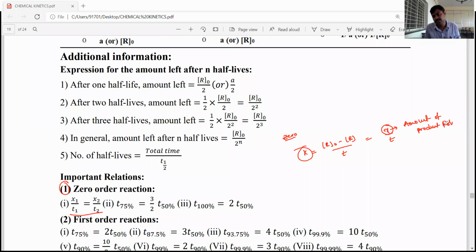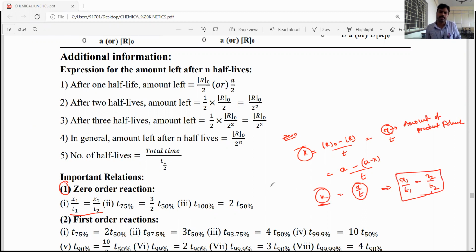Because R naught minus R after some time T, let the initial concentration be A, after some time T, X amount of reactant is decomposed, or X amount of product is formed in time T, then K is equal to X by T. The X indicates the amount of product formed. So K is the rate constant and it is constant, dear student, then X1 by T1 is equal to X2 by T2.